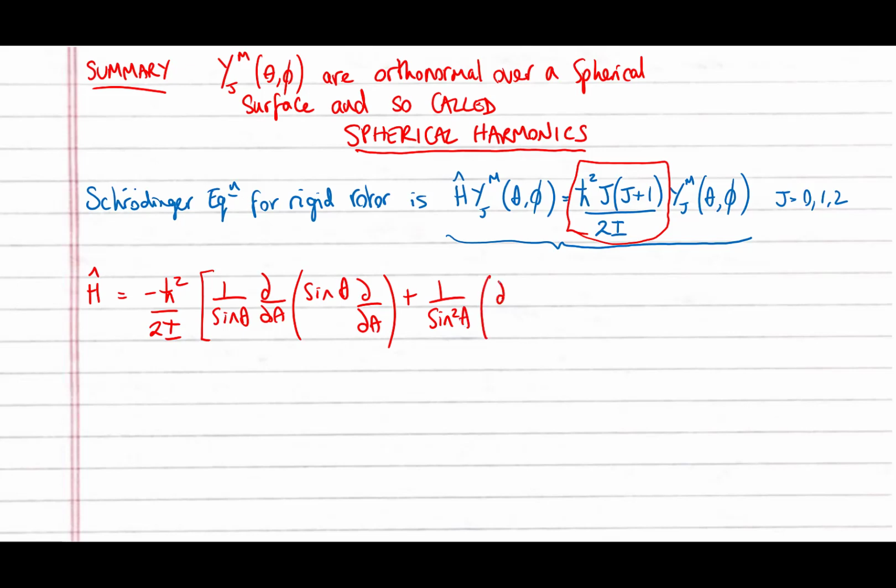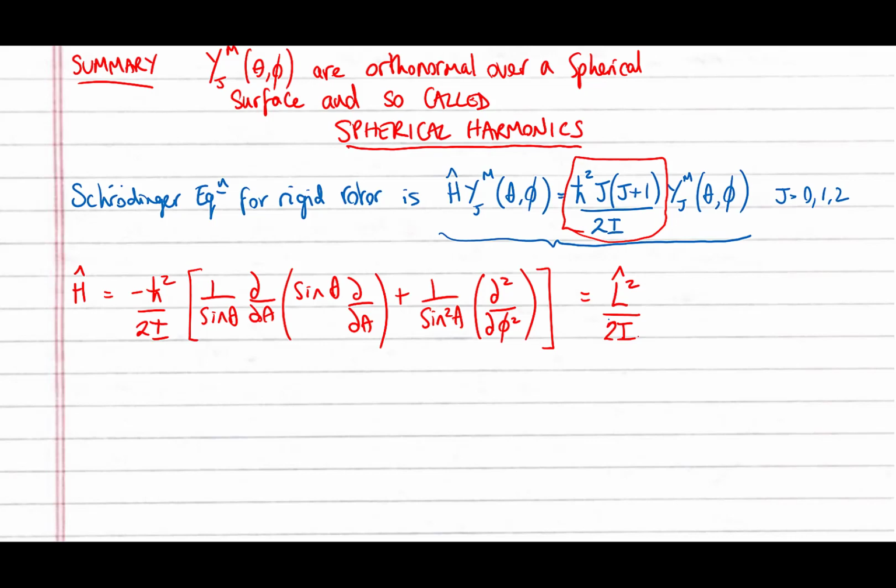And you kind of have to go all the way back to find this several lectures ago. But also, when you do that, we also talked way back when we basically said that this was also equal to the square of the angular momentum operator over 2I.